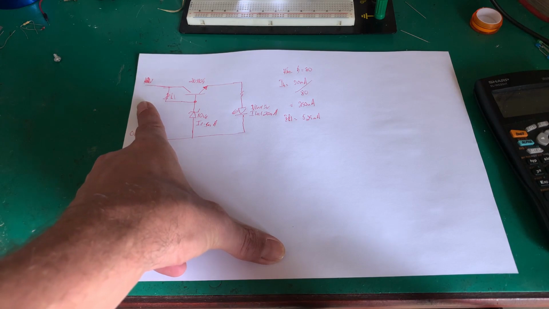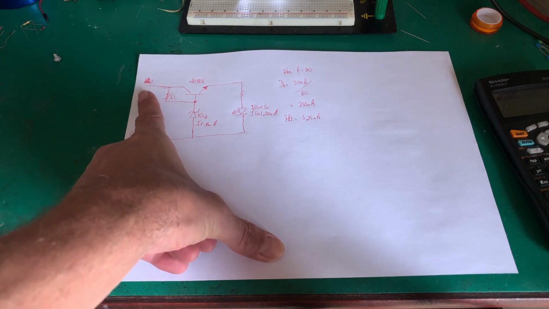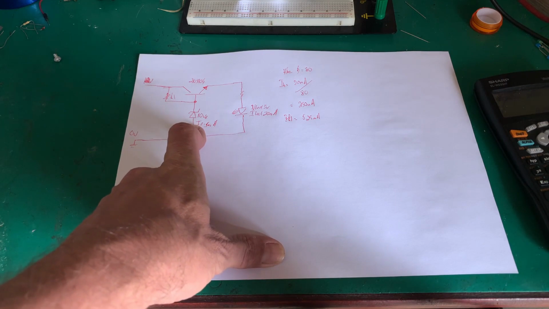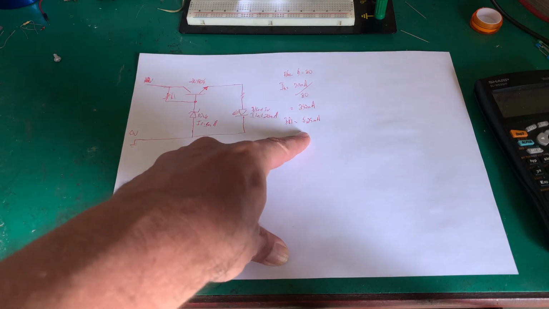Well, to calculate that is actually easy. We take the supply voltage less the Zener voltage and we divide it by the current.